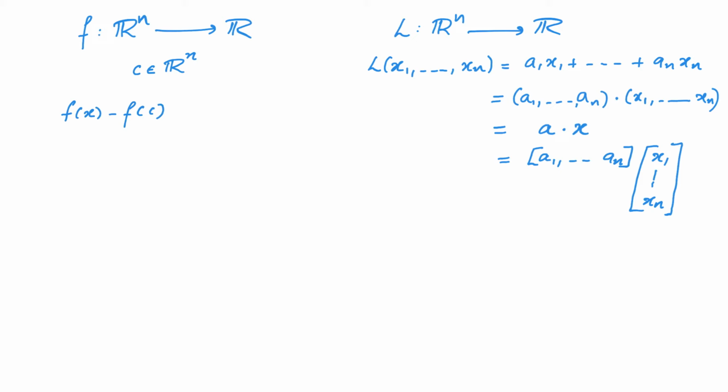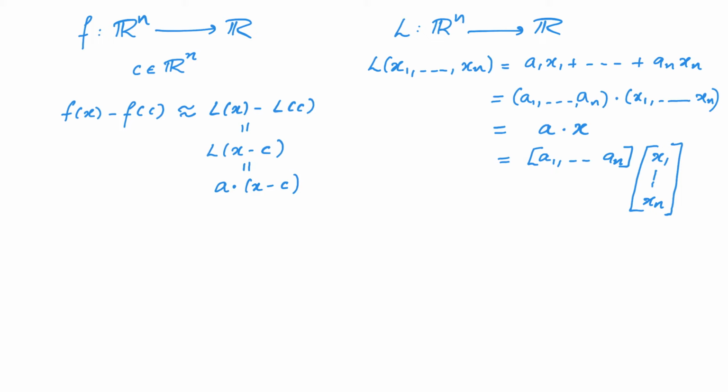In other words, f of x minus f of c should roughly behave like L of x minus L of c. But because of linearity, we can rewrite this as L of x minus c. And by characterization of linear maps, we know we can express this as a dot x minus c.